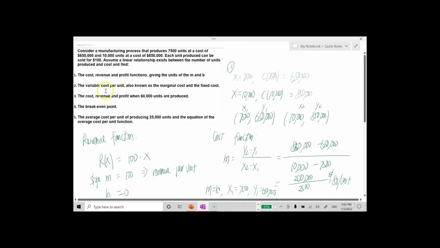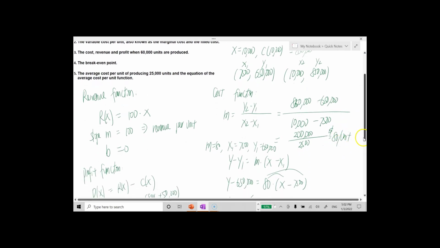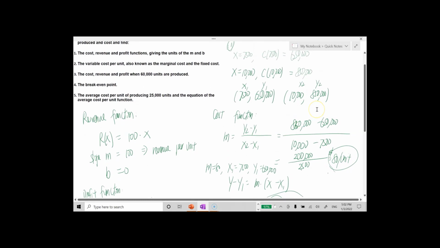And then the second step is called variable cost per unit. Variable cost per unit, we get it from the cost function, which is $80 per unit.